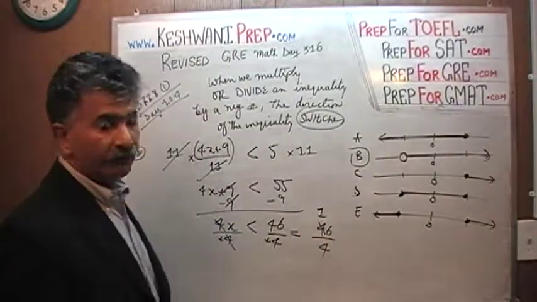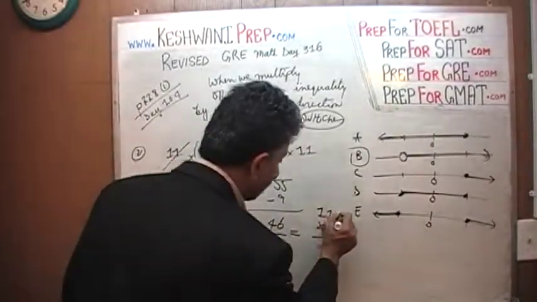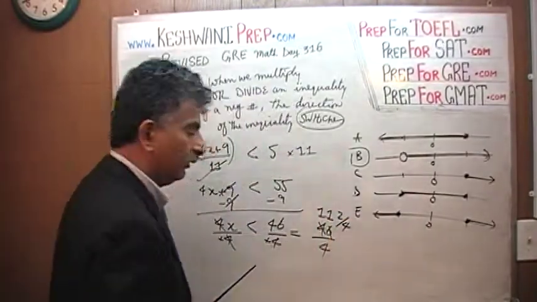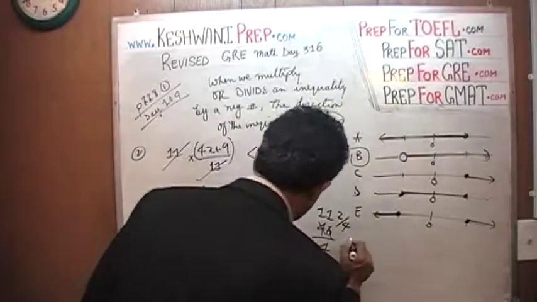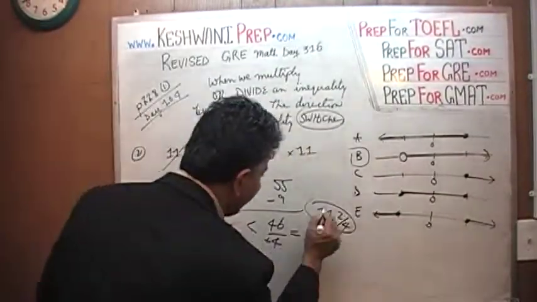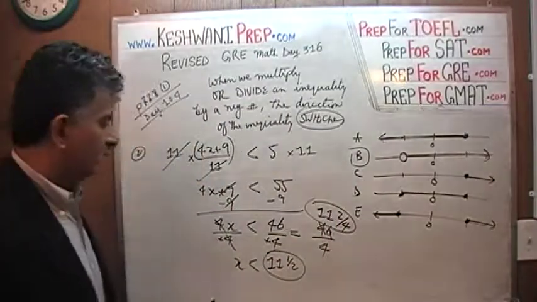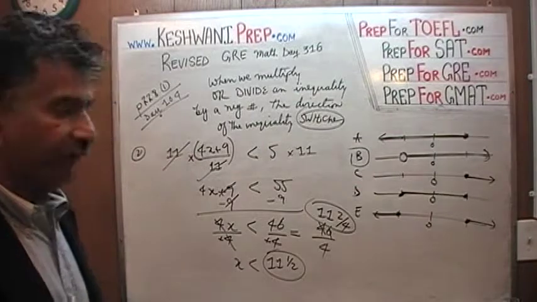How many 4s in a 6? 6 has 1 four, and we have a remainder of 2. So 11 and 2/4. The x is less than 11 and 2/4, which of course is the same as 11 and a half. The answer is x is less than 11 and a half.